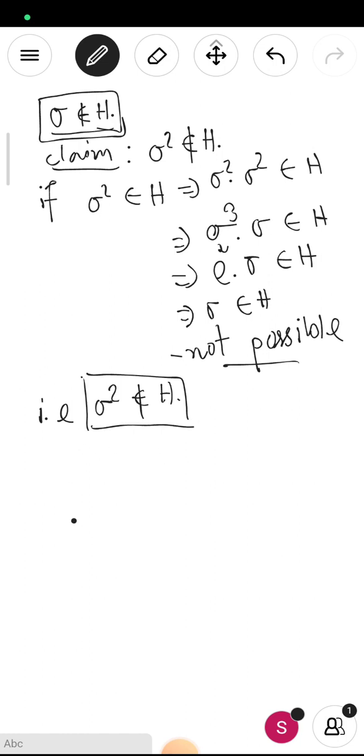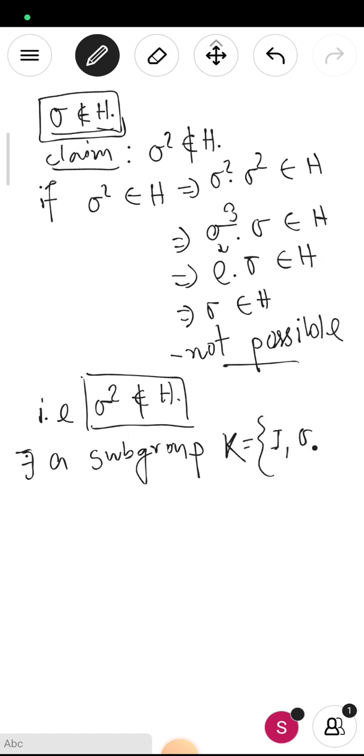We can construct a subgroup. So I am writing here, we can say that there exists a subgroup, namely K. K equals the elements identity, sigma and sigma square.